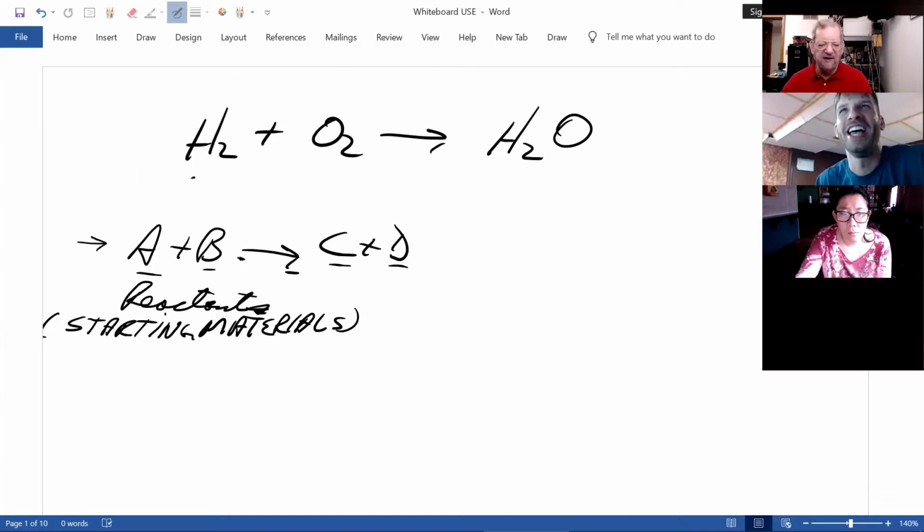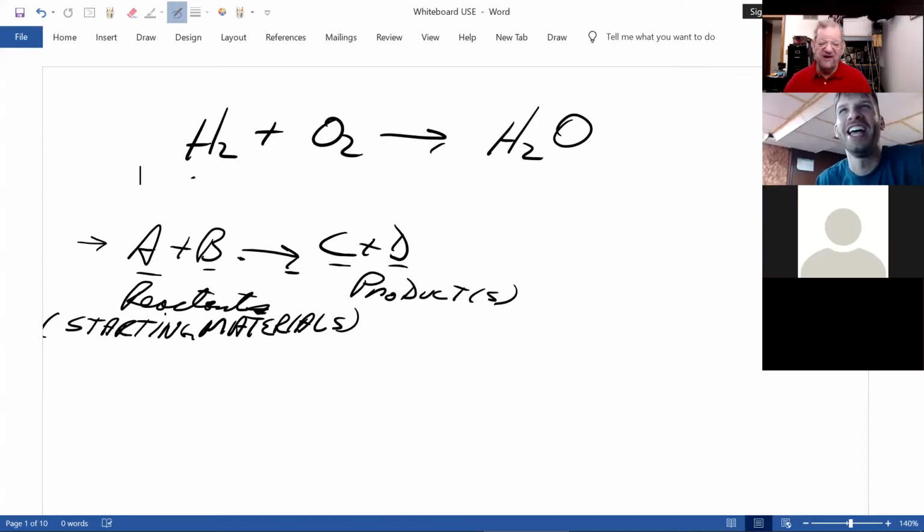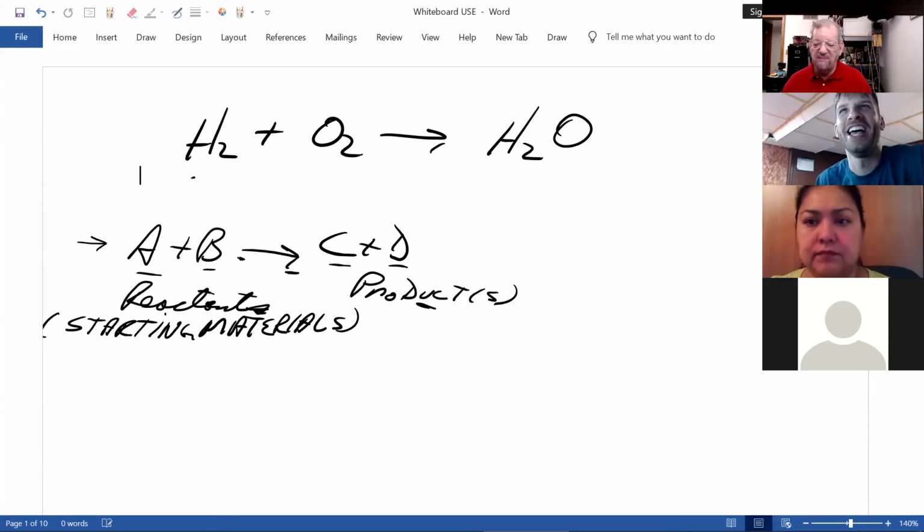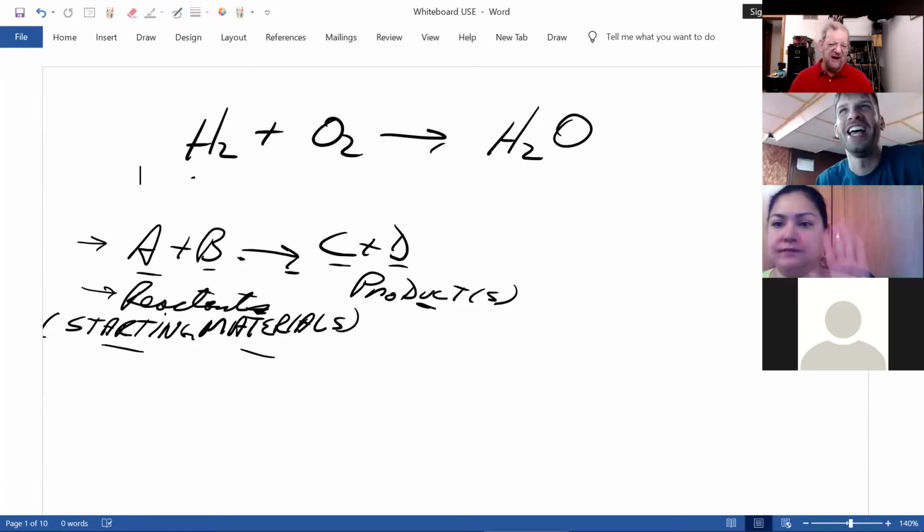At the head of the arrow are always the products, or product if there's only one. Both industry and academics use products at the head, but at the tail, those are the reactants. That's more academic. If you work in the chemical industry, which Dr. White did for many decades, we call that starting material.